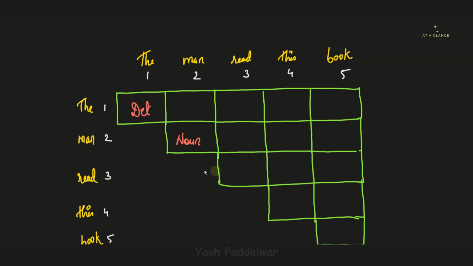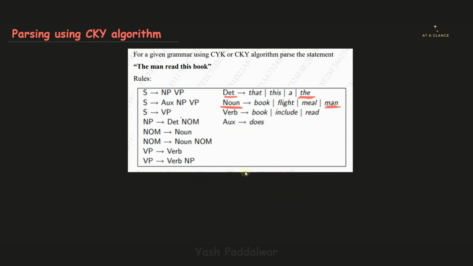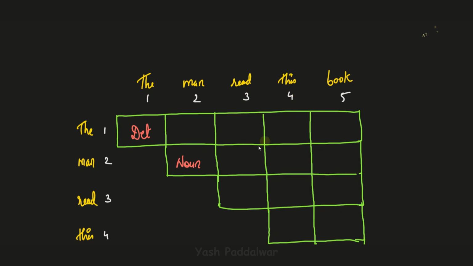The next word is read, which comes at location 3, comma 3. Read is present inside the rule for verb. So in this cell, we'll write verb.